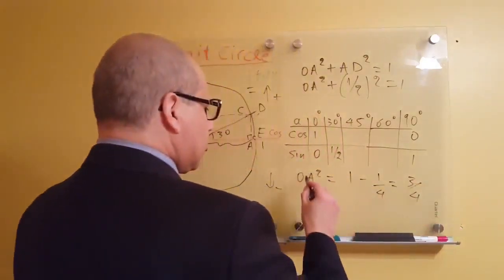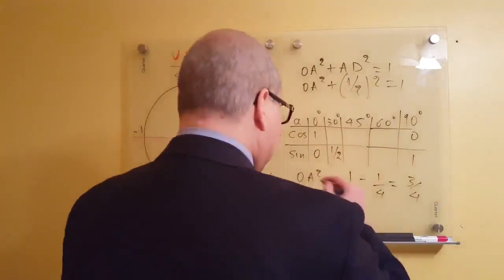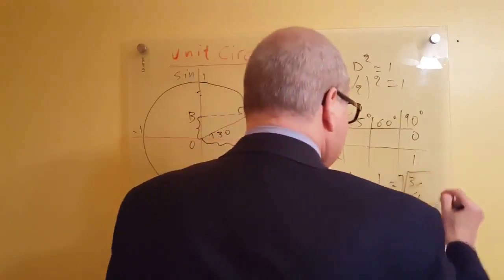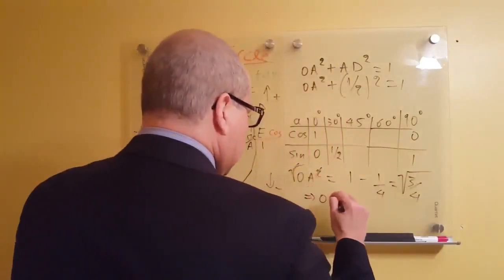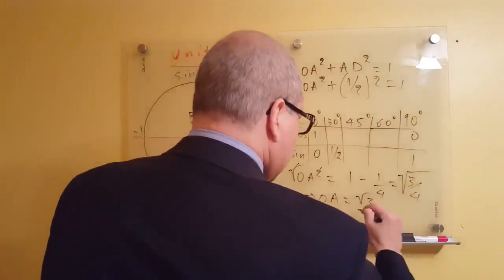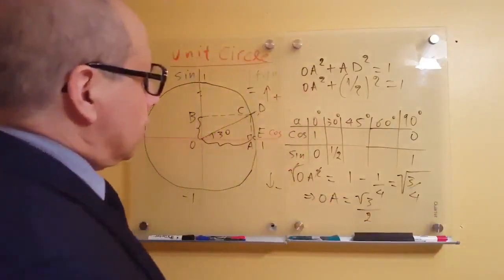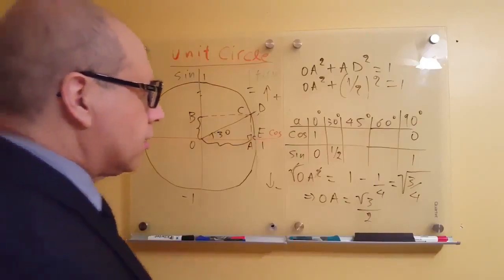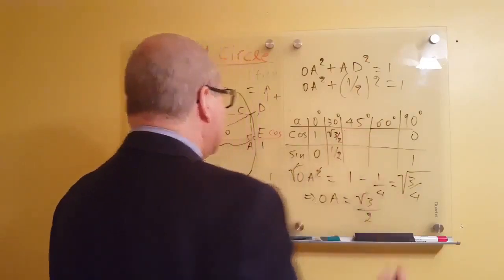So we have that OA square is equal with 3/4, so if you take now the square root on both sides, OA is equal with square root of 3 over square root of 4, and of course the square root of 4 is 2. So that's the cos of 30 degrees. It's square root of 3 over 2, okay?